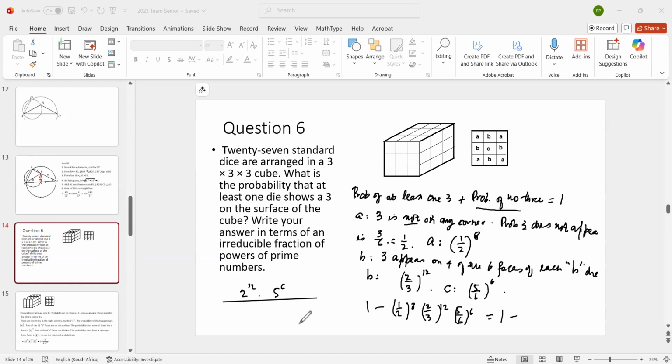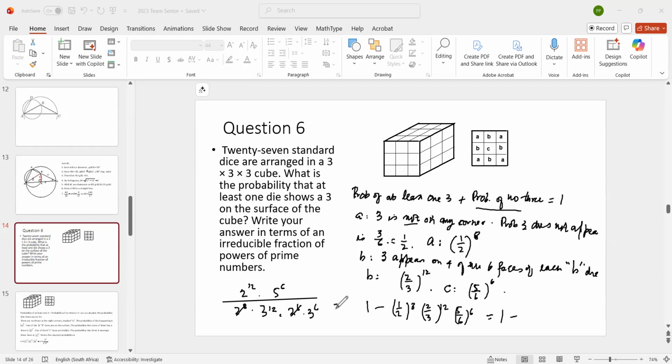At the bottom, you've got 2 to the power of 8, 3 to the power of 12, and 6 to the power of 6, which is 2 to the power of 6 times 3 to the power of 6. Okay, so these are your prime factors. And for 2 to the power of 8 at the bottom, 2 to the 8 plus 6 is 14.